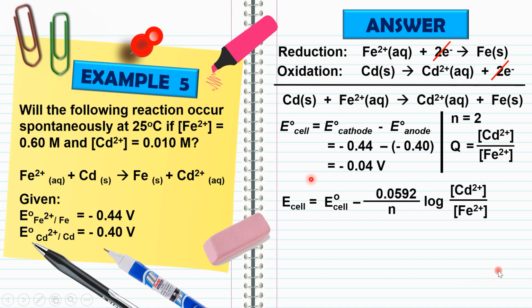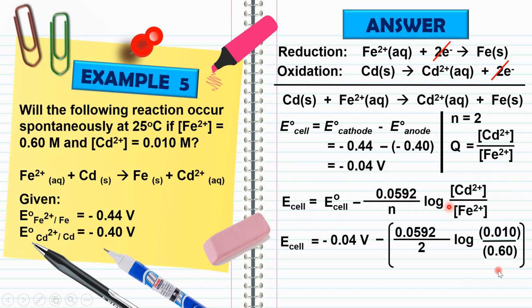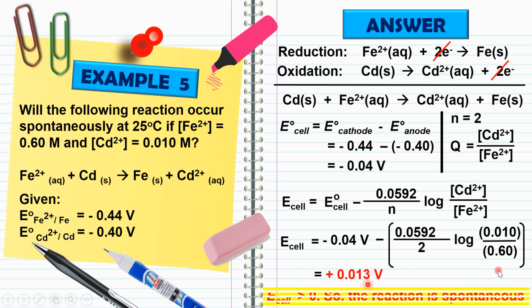Next, write the Nernst equation. Remember, you have to define what Q is. Substitute the expression for Q and all the values here, and you will get that E cell is 0.013 volts.